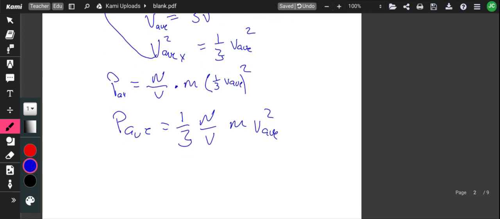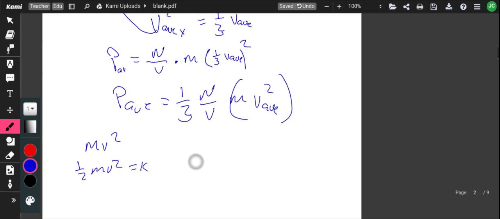Now we're going to use our brains for a second, because mv squared looks like something we know. Mv squared looks like kinetic energy. 1/2 mv squared is kinetic energy.